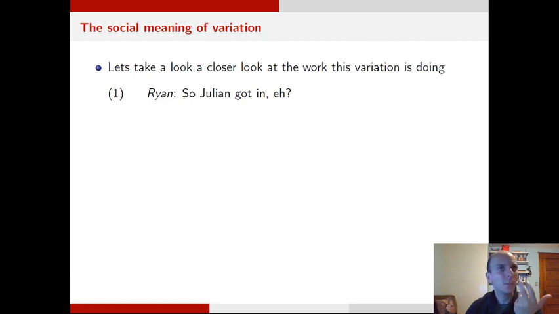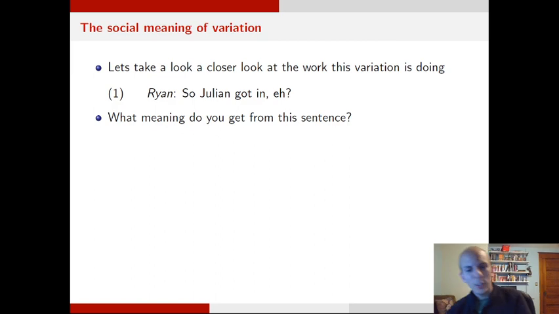Now, to begin this process, we can think back to a week and a half, 2 weeks ago, whatever it was, when we were looking at semantics and pragmatics. And we can think about the meaning of this sentence from different perspectives. Remember that we talked about there being a bunch of different ways we can think about meaning in semantics and pragmatics. So one meaning you might take away is the truth conditional, propositional content of this sentence, which has something to do with Julian getting in.